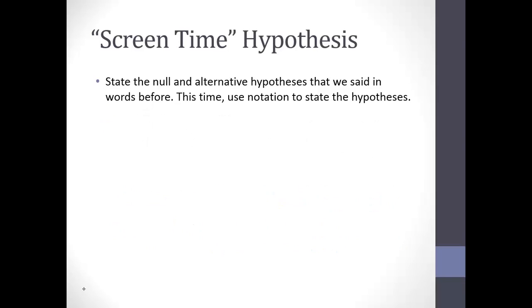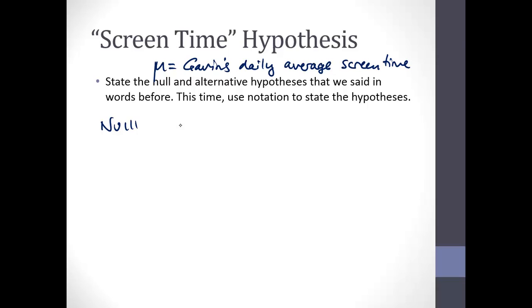Let's go ahead and write down, in our formal notation, exactly what my null and alternative hypotheses are for this example. So we're going to use our notation. Remember that mu is Gavin's daily average screen time. So my null hypothesis is H0.